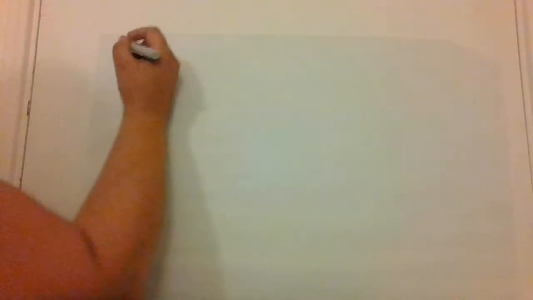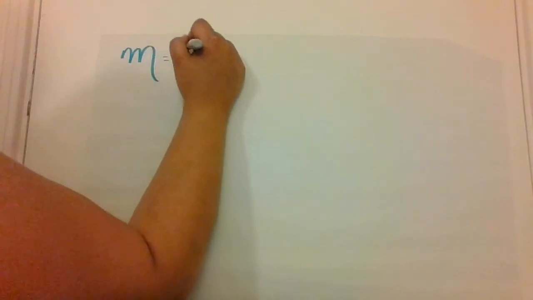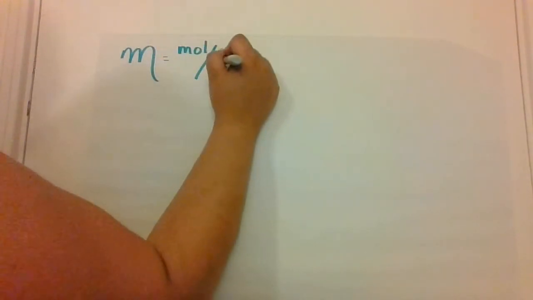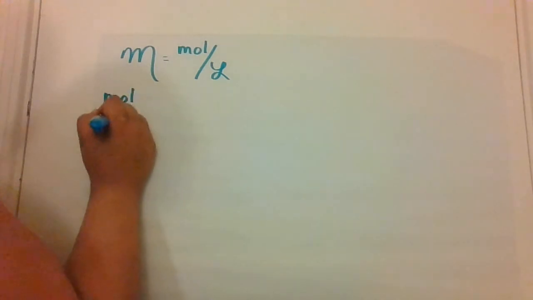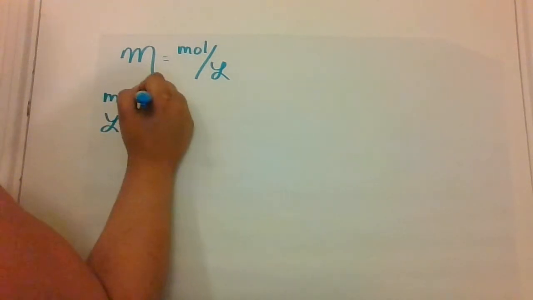Once again, I'm going to write at the top of our working paper what our equation is for molarity. Remember, we have big M equals moles over liters. So we know we need a mole, we need a liter of some kind.